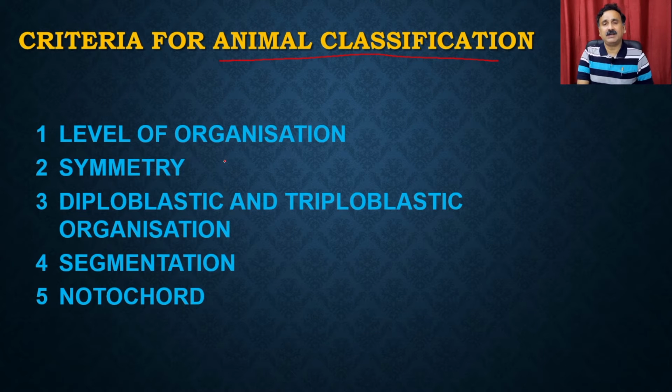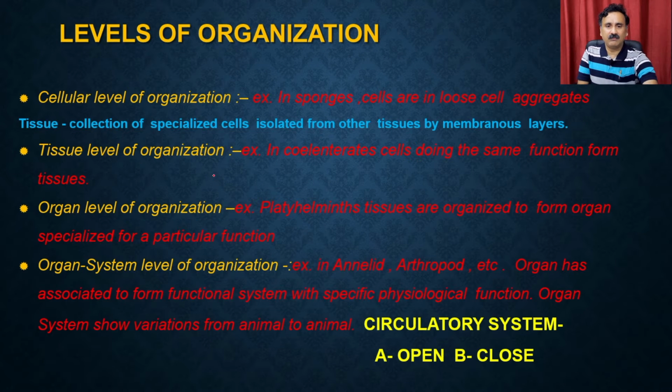You have different types of criteria on which you can classify different types of animals: the level of organization, the symmetry, the type of developmental stages like diploblastic or triploblastic organization, and then the segmentation as well as the notochord. So, let us understand each of these criteria, and then, keeping them in mind, how the classification is done. Let us first start with the level of organization.